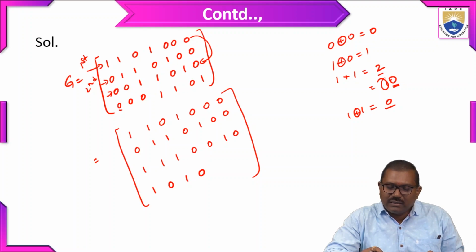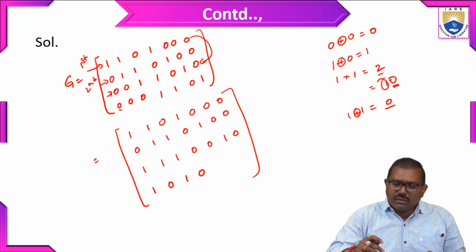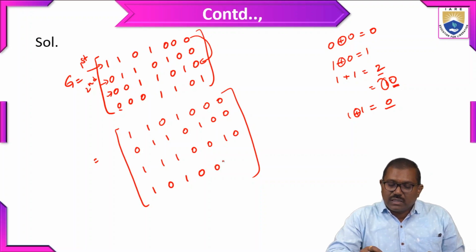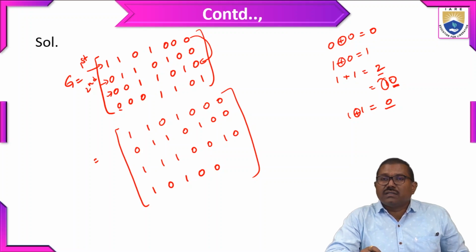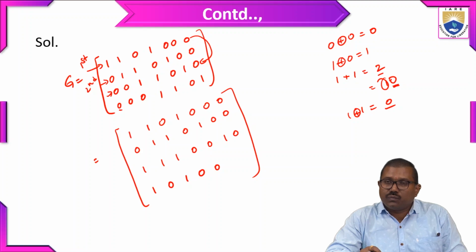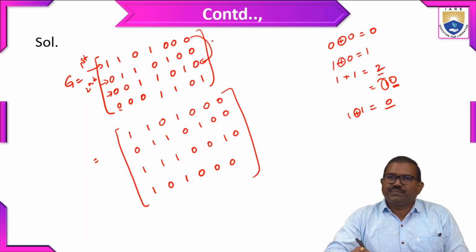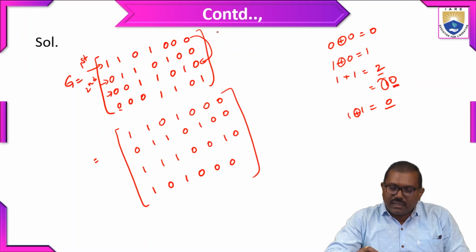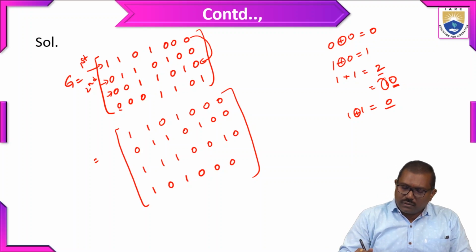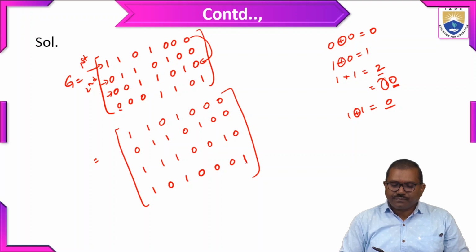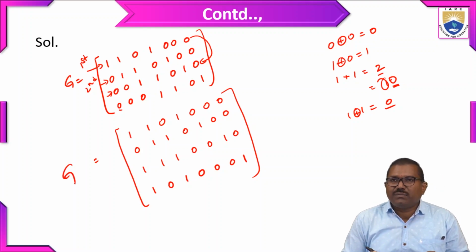Again, the result 1 is XOR with 1. So what did you get? 0. And the sixth bit, 0 XOR 0. So 0. This 0 result is XOR with 0, 0. Okay. And the last one, 0 XOR 0, 0. This 0 is again XOR with the 1. So you got 1. So this is my systematic G.